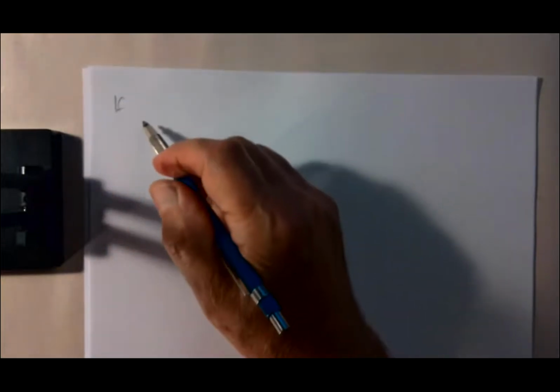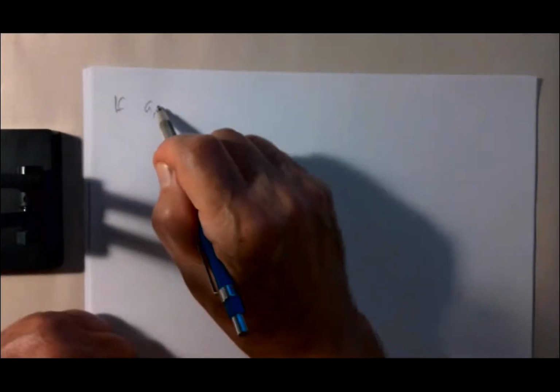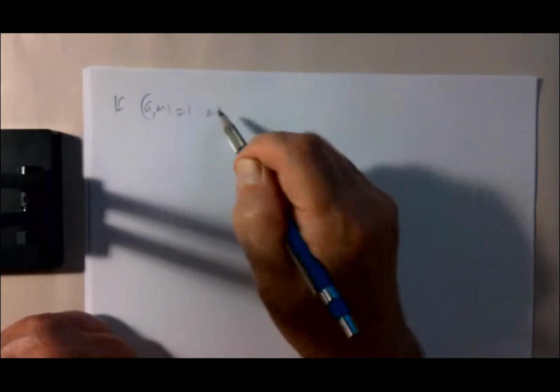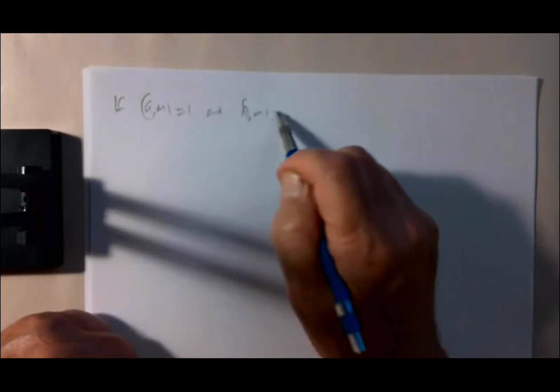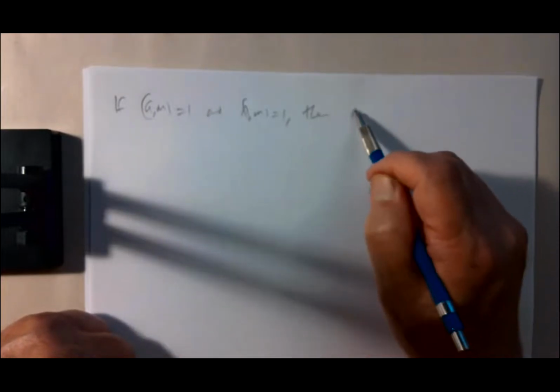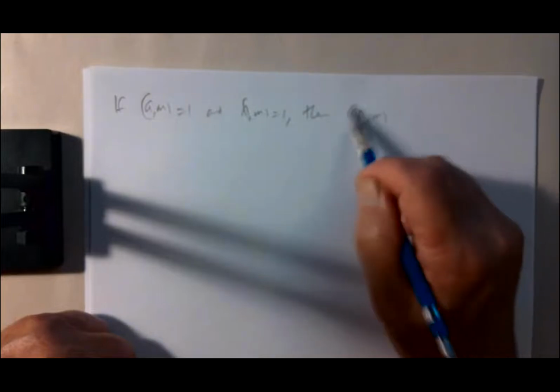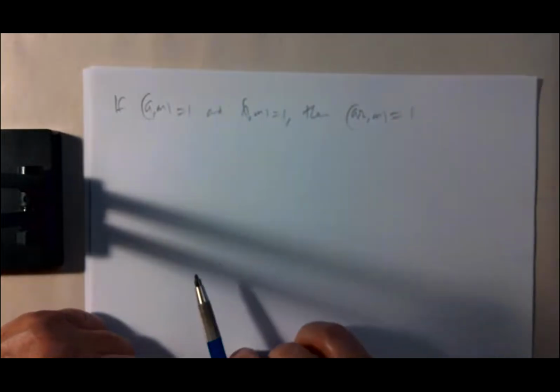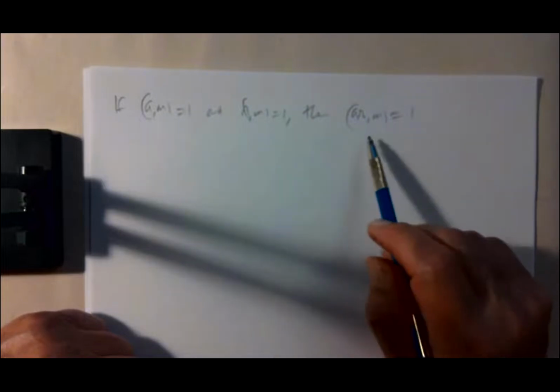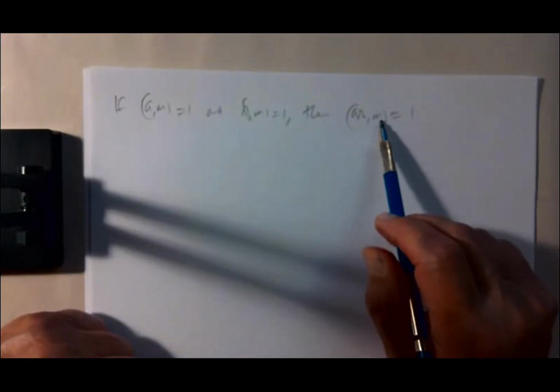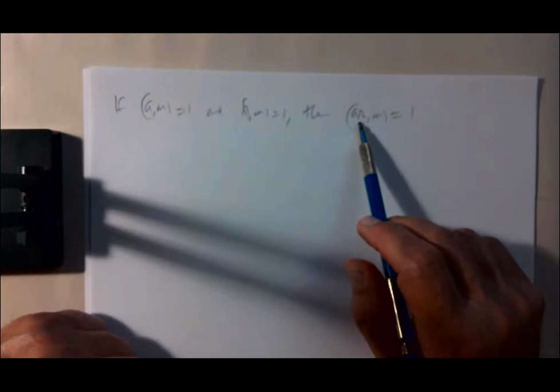And we also know the following. If A and M are relatively prime and R and M are relatively prime, then AR, the product, is relatively prime to M. Because if there were a prime P that divided M and AR, if a prime divides a product, it divides at least one of the factors.